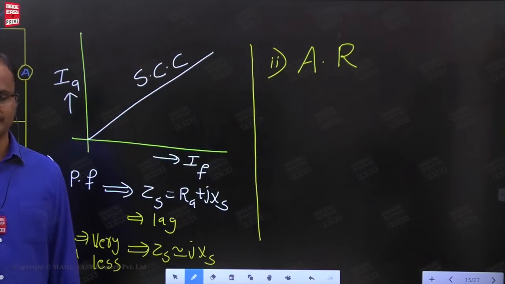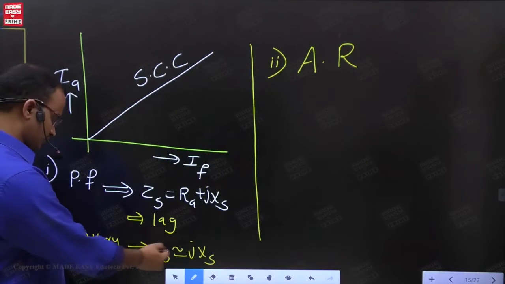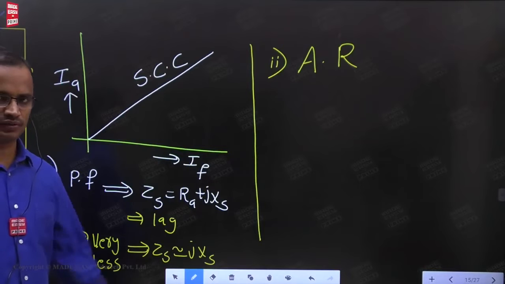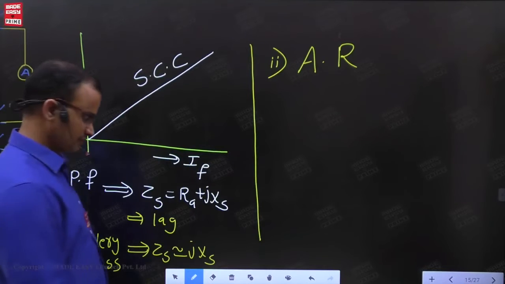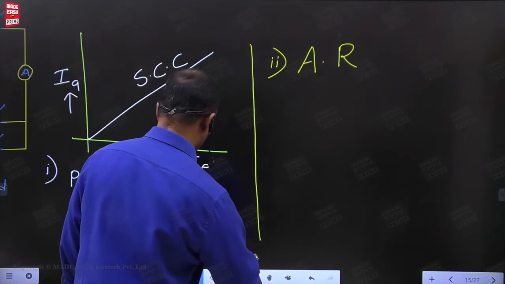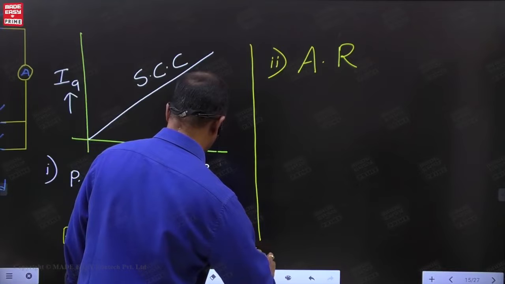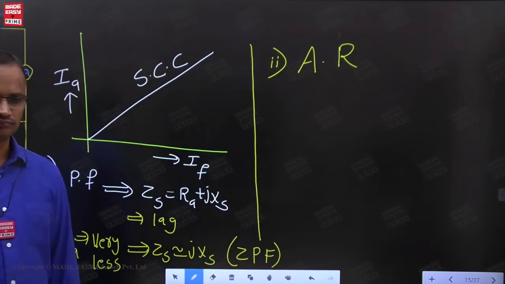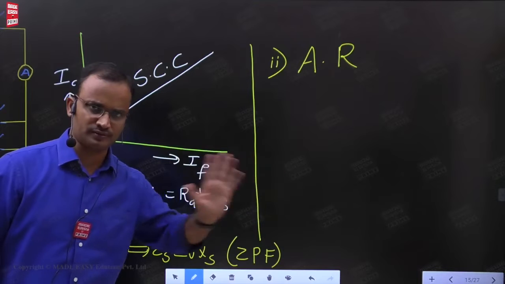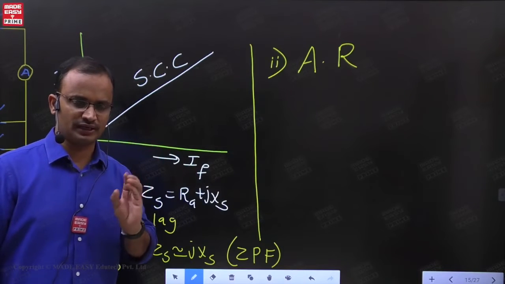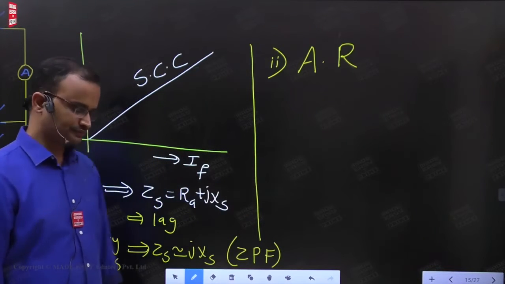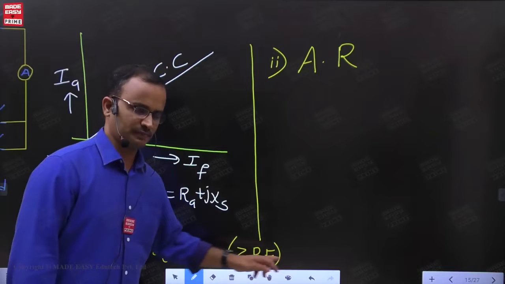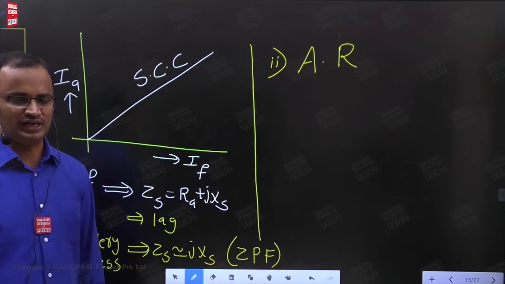Just now we concluded Zs is approximately equal to Xs. If it is approximately equal to Xs, we can conclude the power factor is approximately 0, that means zero power factor. Only inductive means approximately 90 degrees, not exactly, approximately. Approximately means the power factor is very near to ZPF.